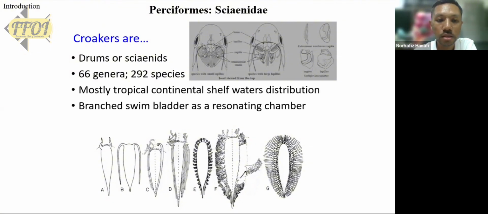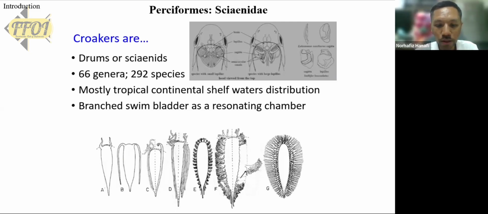Mostly in this family, we can identify them by the branches of the swim bladder, which function as a resonating chamber, resonating the sound for spawning.